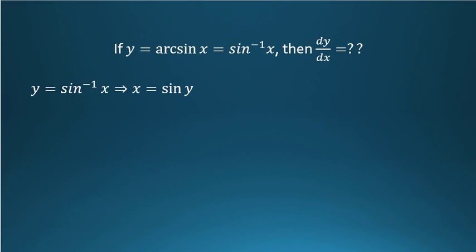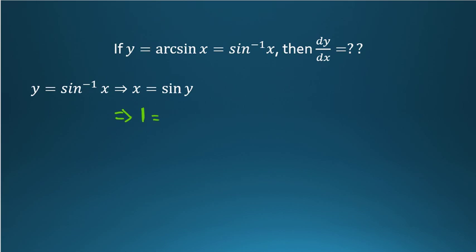This is where the technique of implicit differentiation comes in. I'm going to differentiate both sides of this with respect to x. If I differentiate x with respect to x, I just get 1, equals, and now if I differentiate the sine of y with respect to x, again, I'm differentiating a y, so I'm going to pretend that there's nothing special with it.